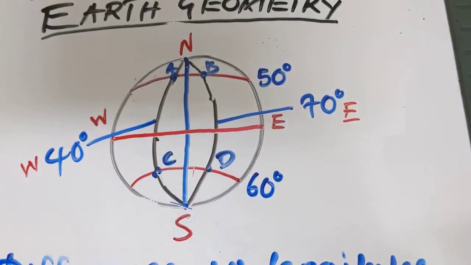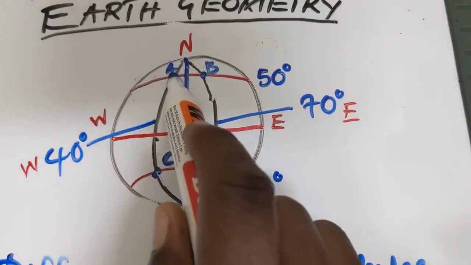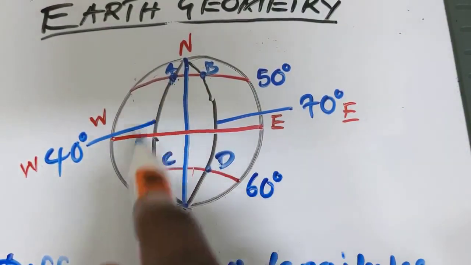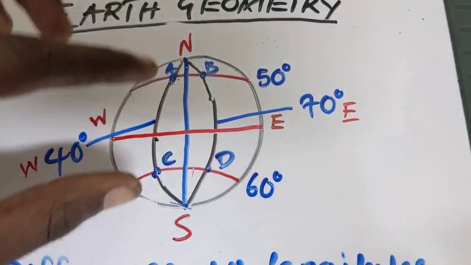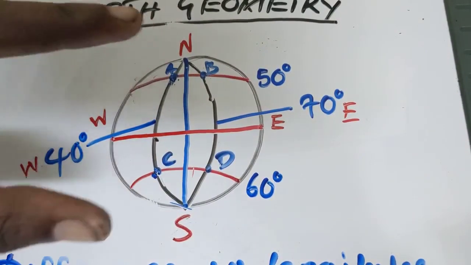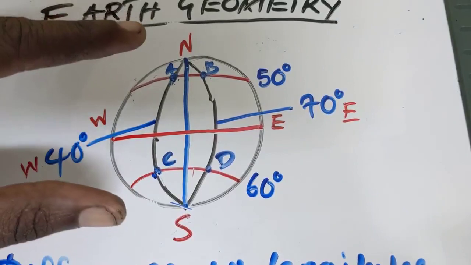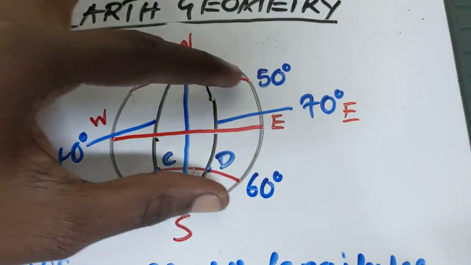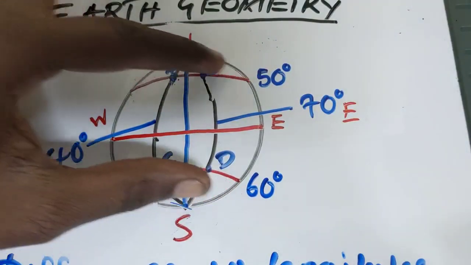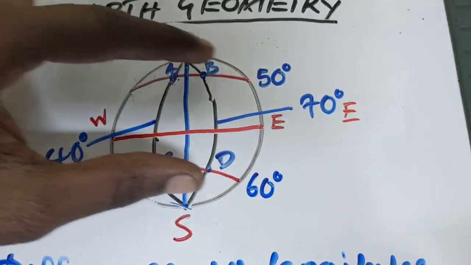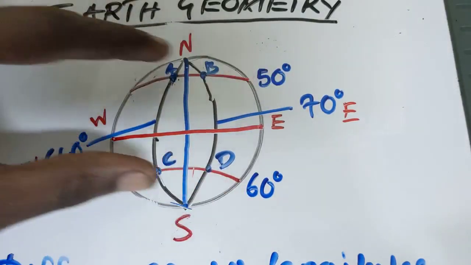When you're finding the difference in longitudes, use the latitudes in which those points are.